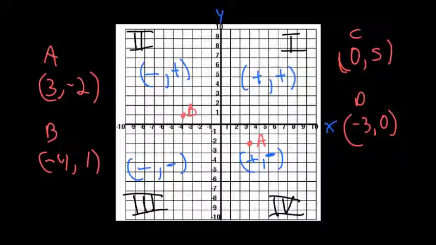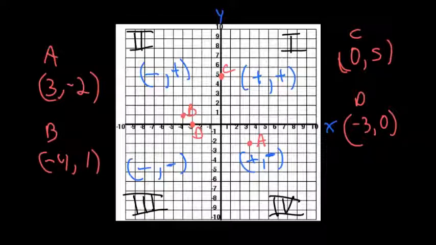So B is right there. C is at 0, 5. I'm not going to go anywhere on my x-axis. I'm just going to go up to 5. So that is C. And D is at -3, 0. I'm going to go left 3, and I'm not going to go up or down. So D is going to be right there.